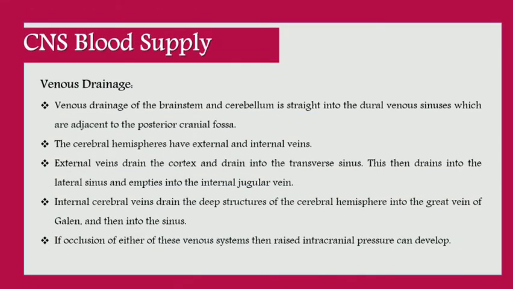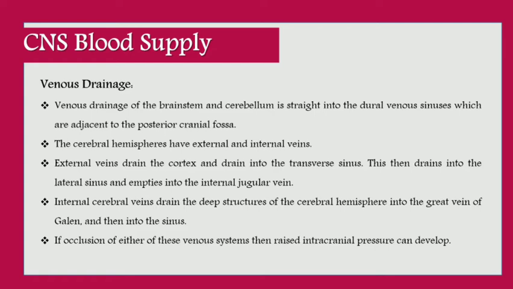Now let's see about the venous drainage. Venous drainage of the brainstem and cerebellum is straight into the dural venous sinuses, which are adjacent to the posterior cranial fossa. The cerebral hemispheres have external and internal veins. External veins drain the cortex and drain into transverse sinus.